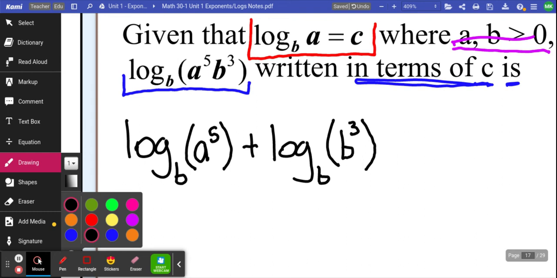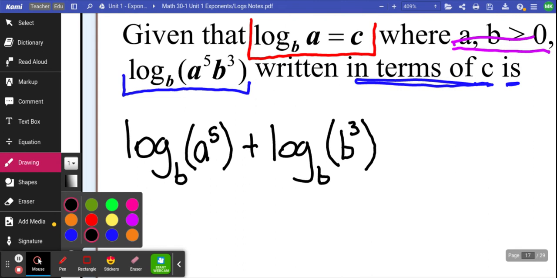I'm going to identify that the first log is base b with an argument of a, which is exactly what they gave me up here. Base b with an argument of a. So I can definitely change this into c, in some way. We'll get there. But see how it's kind of leading me. Base b, argument a.